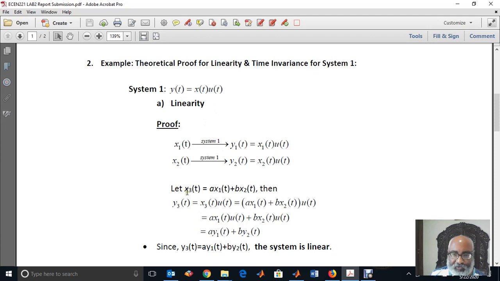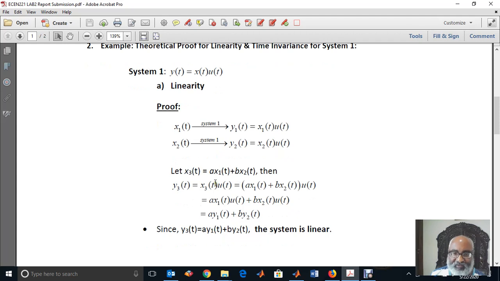So we substitute x3 of t, a x1 of t plus b x2 of t, everything multiplied by u of t. If we rearrange, this means a x1 of t times u of t plus b x2 of t times u of t. x1 of t times u of t is y1 of t, and x2 of t times u of t is y2 of t, which means y3 of t is a y1 of t plus b y2 of t, which satisfies the linearity property. So we proved the system is linear.